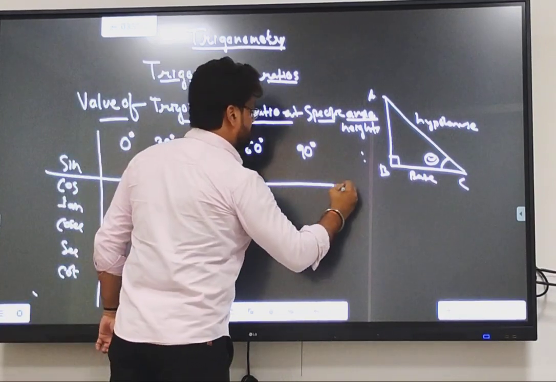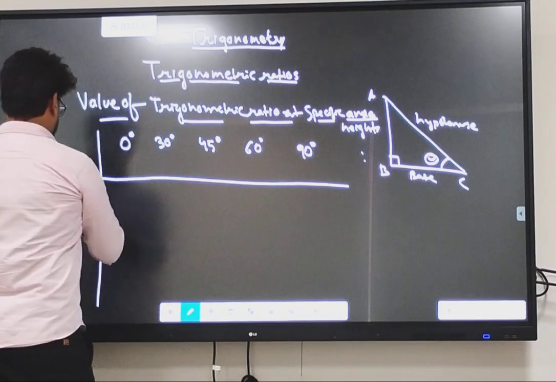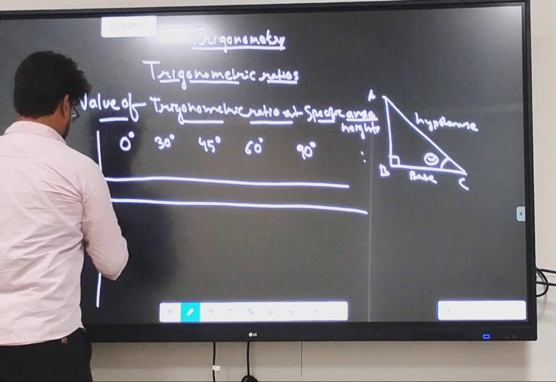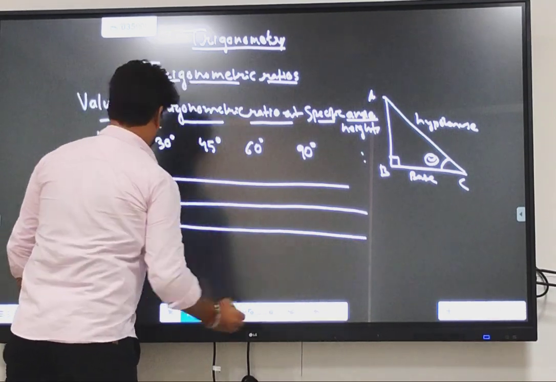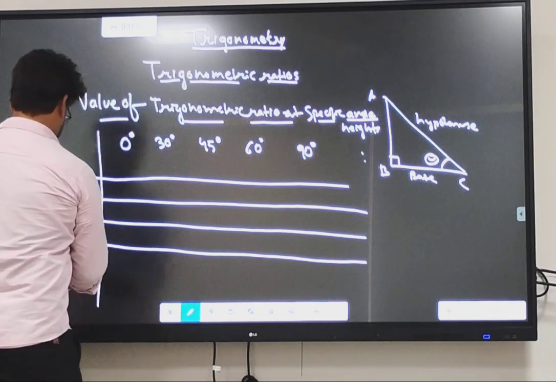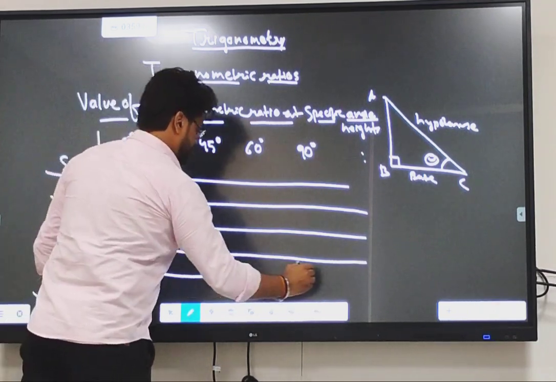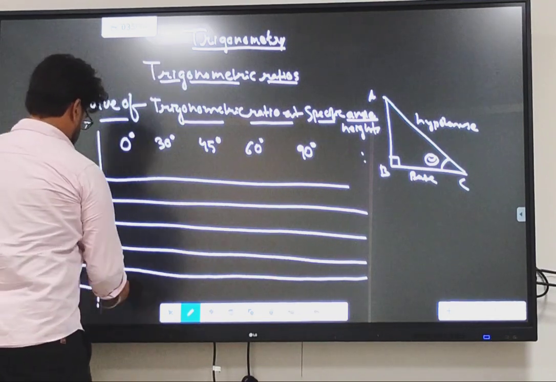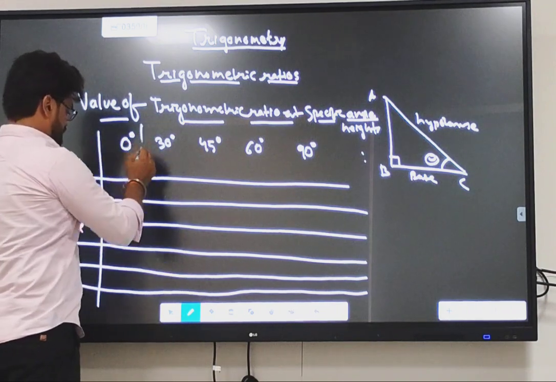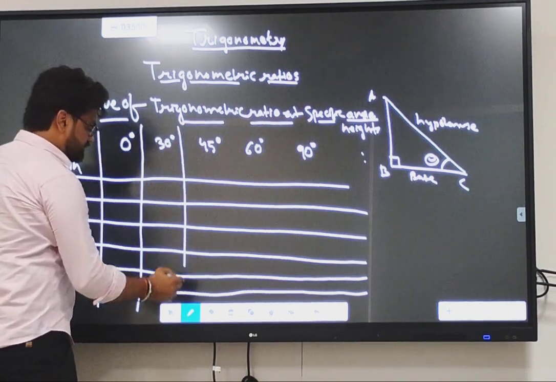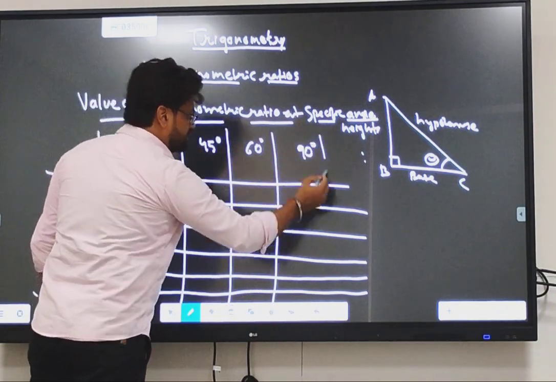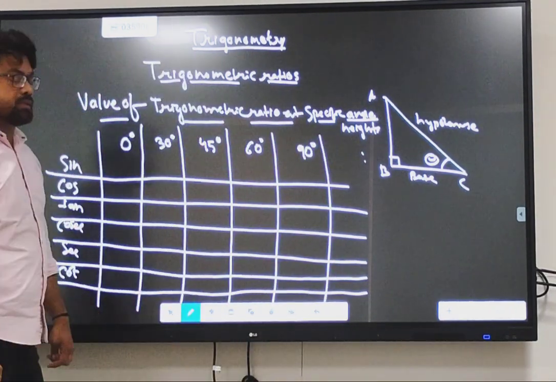So let me take a table here. So this is the table for the values of all 6 trigonometric ratios at the specific angles.